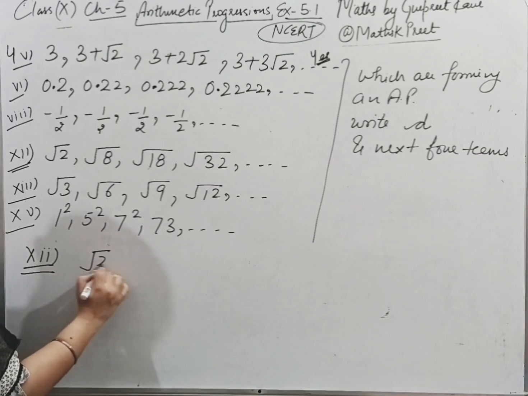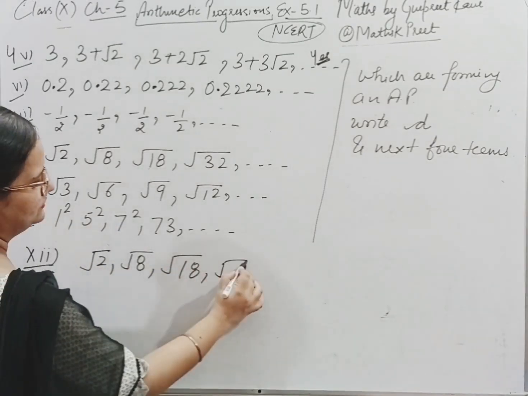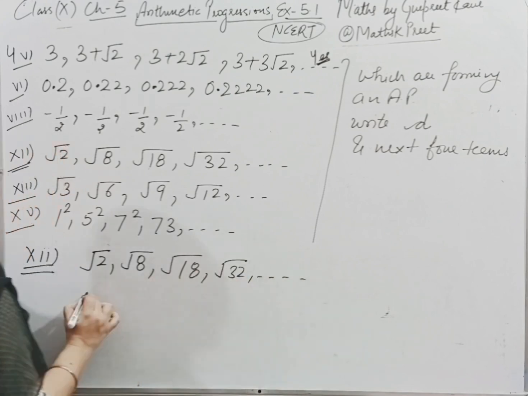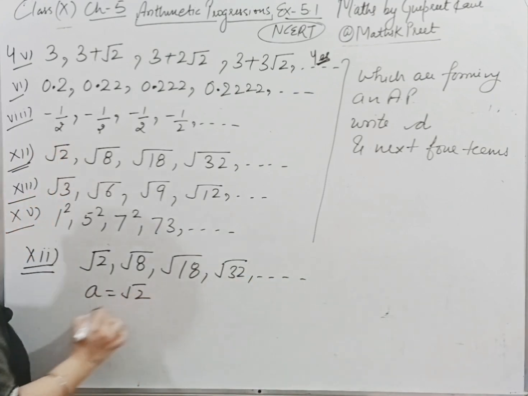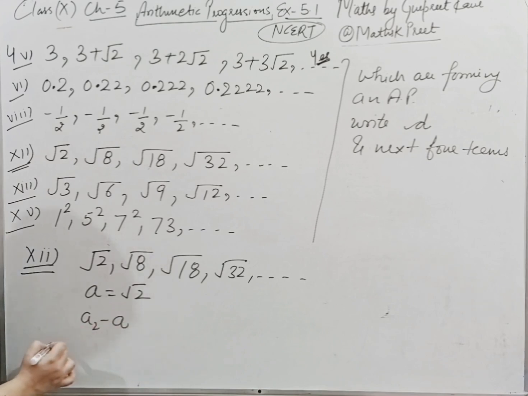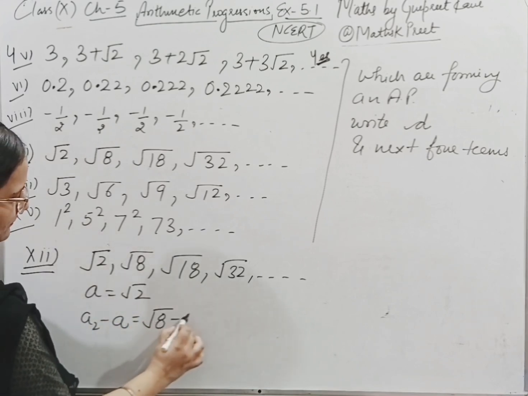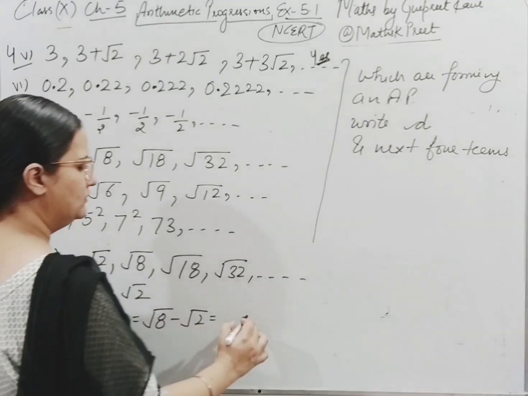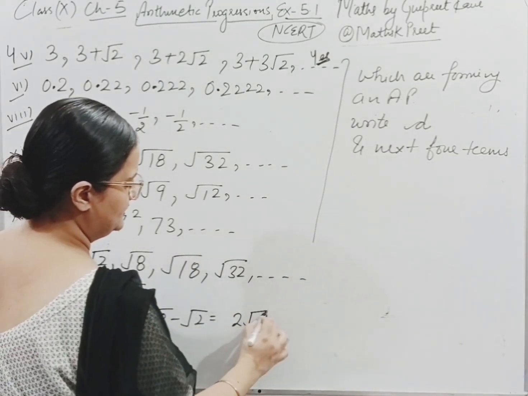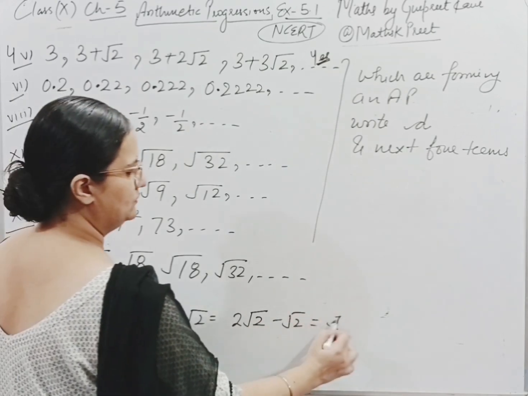This given sequence is root 2, root 8, root 18 and root 32. So I'm writing A is equal to root 2 to check the common difference, whether it is common or not. A2 minus A. So this is my A2 minus A. So we all know that root 8 can be written as 2 root 2. 2 root 2 minus root 2 is giving me root 2 here.